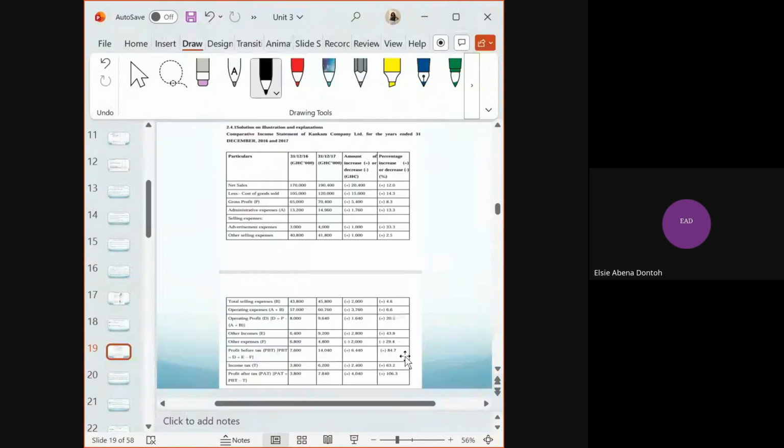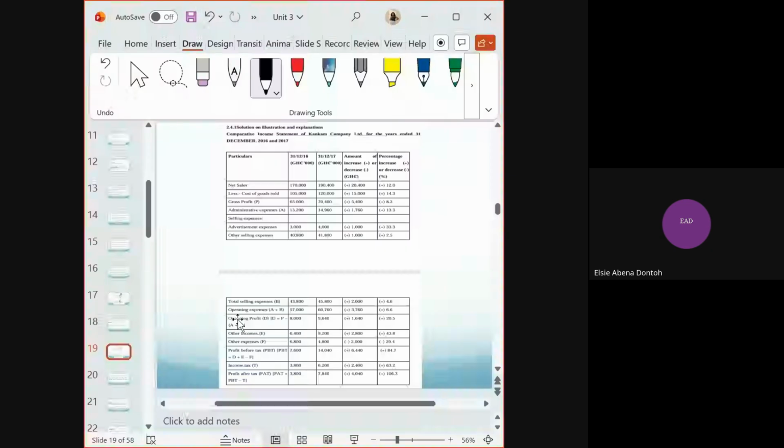So the number of units they sold increased, but they didn't really see it in profit terms because their expenses were high. And then other selling expenses was 2.5%.